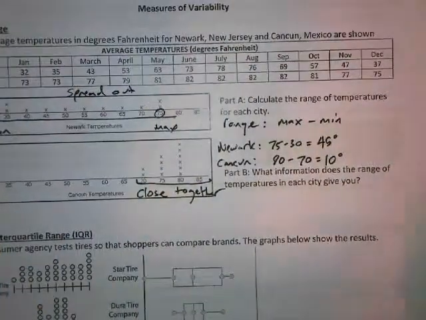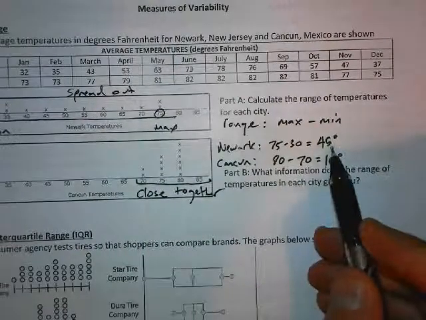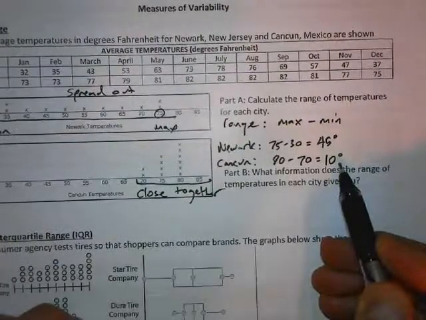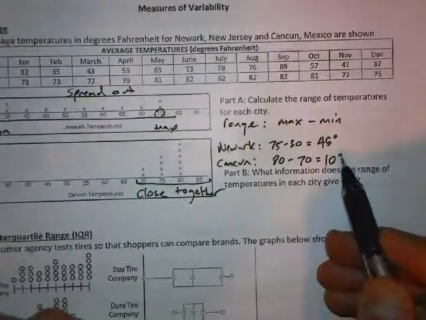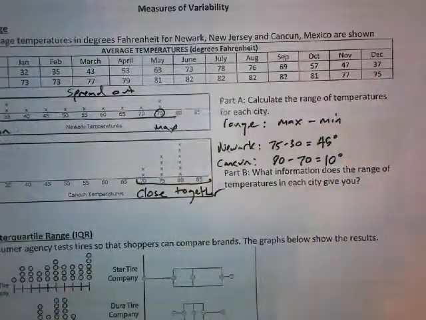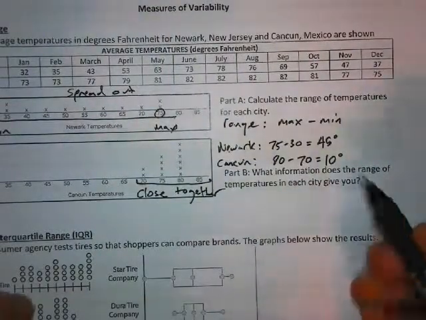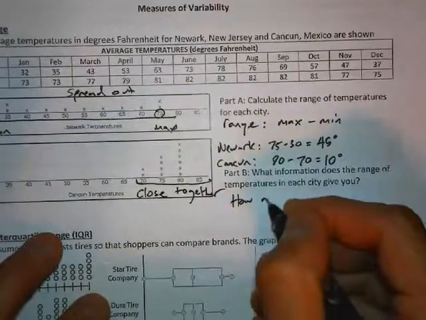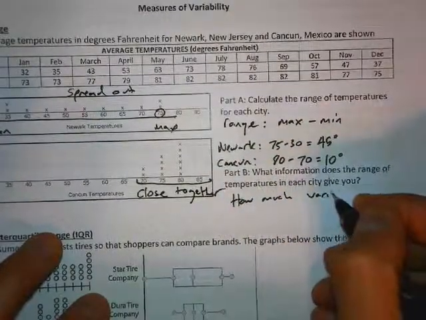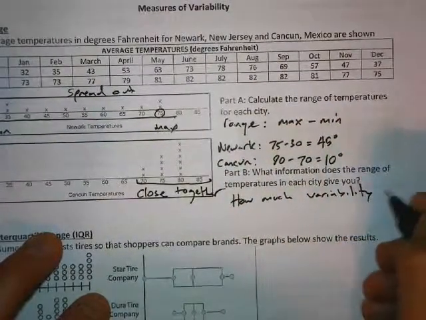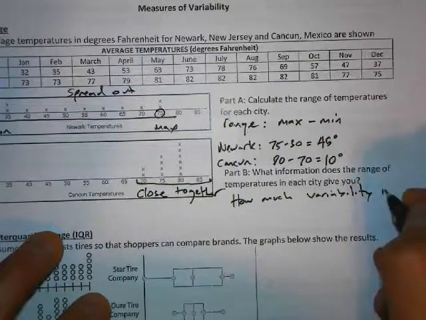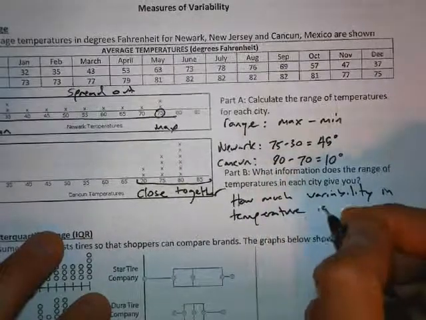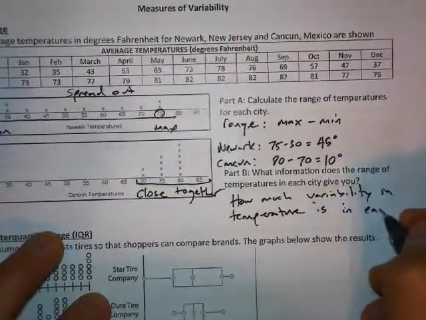Now what does this information tell you? 45 degrees versus 10 degrees. It doesn't tell you the temperature. This is not the temperature. This tells us how far we can expect each temperature to vary. This tells us how much variability in temperature is in each city.